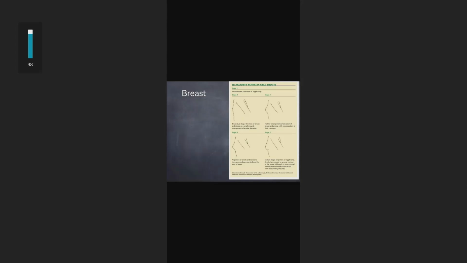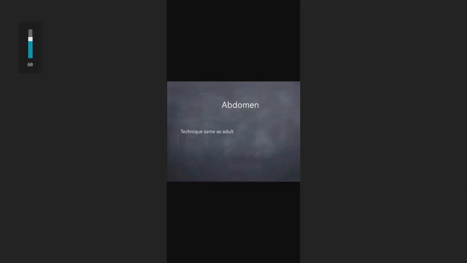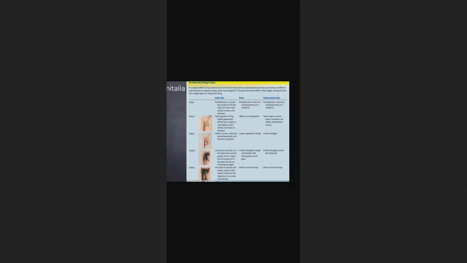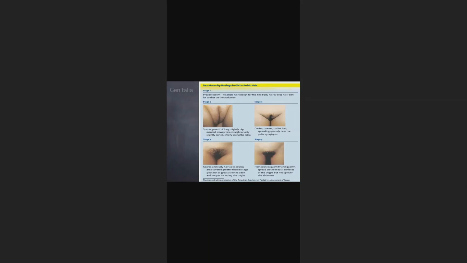For the abdomen, the same: inspection, auscultation, palpation, and percussion. We mentioned the sexual maturity rating, the Tanner staging, for teenagers and adolescents. This is very important.